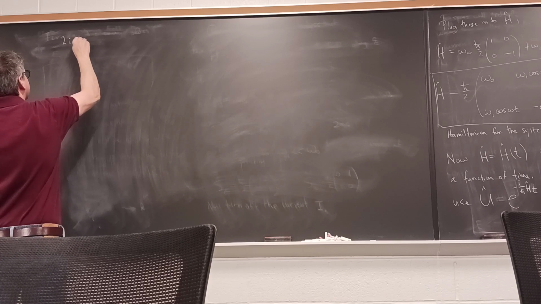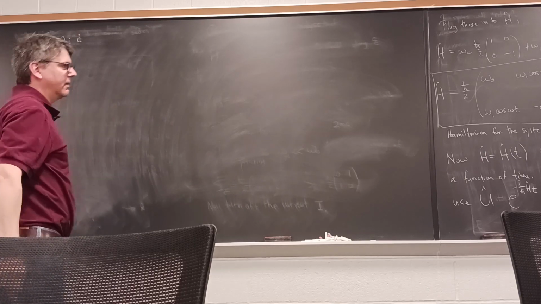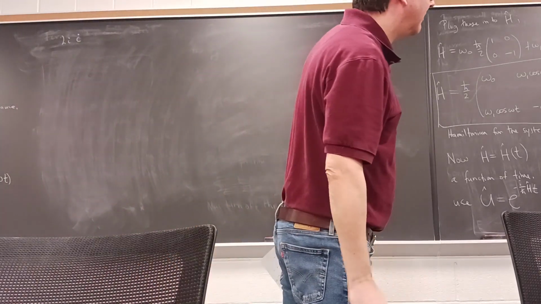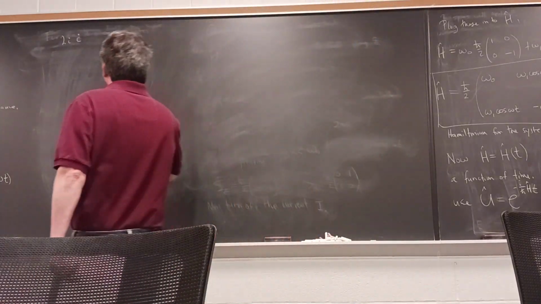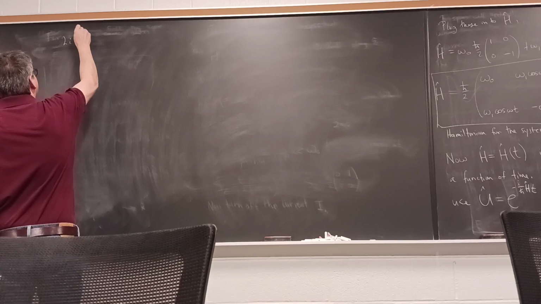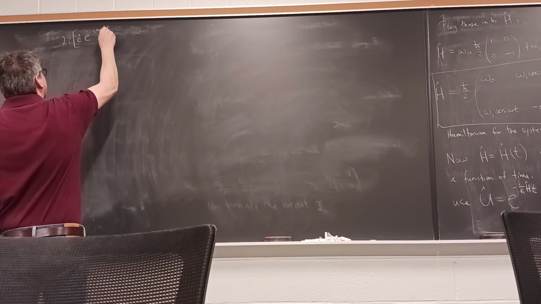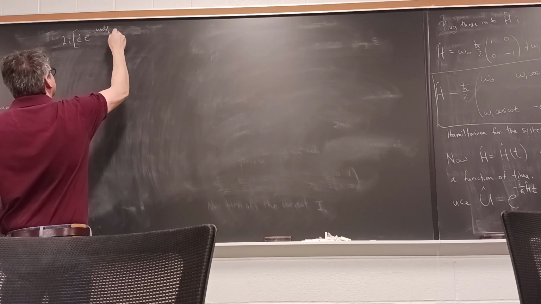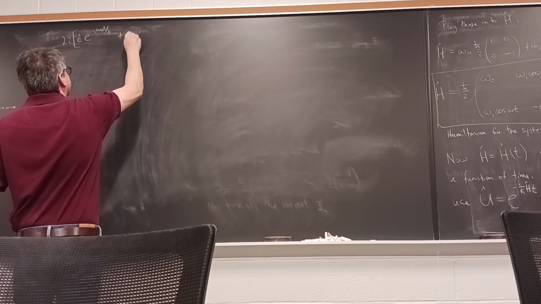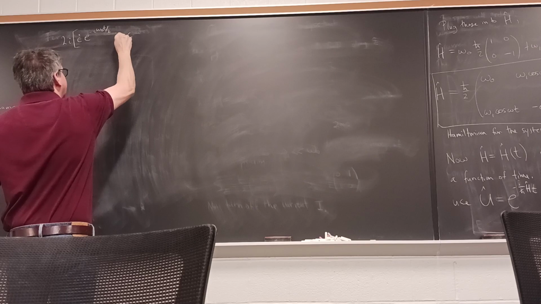A dot now is C dot e to the minus i omega 0 t over 2 plus C, oops, minus C, right?